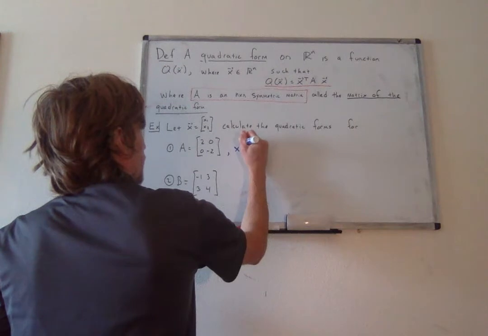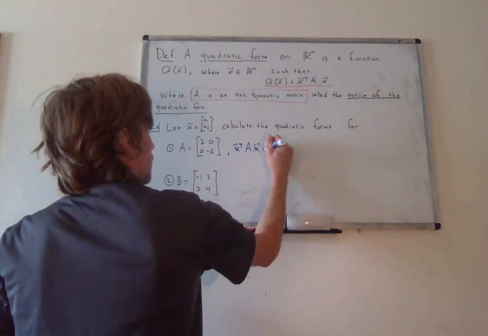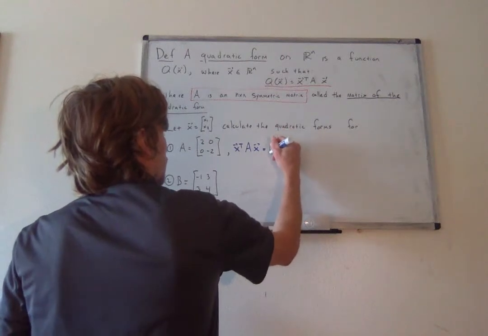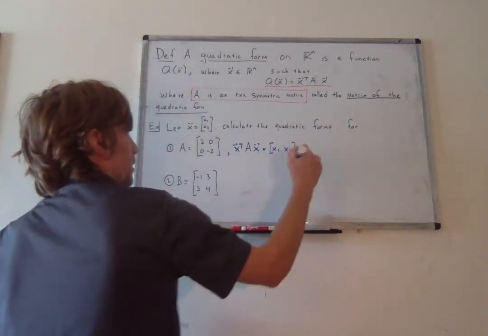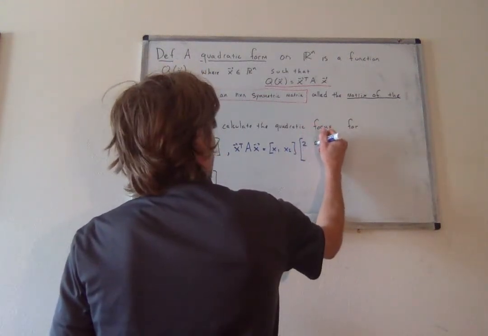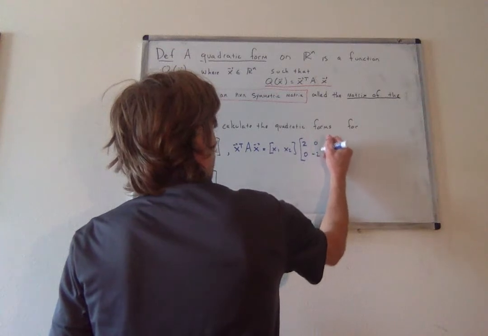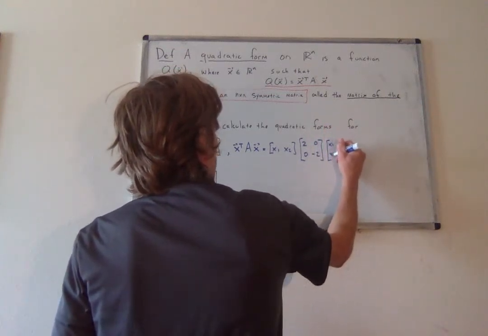So we want to expand the expression x transpose times A times x, which when we write everything out, is the sideways vector x1, x2, times the matrix 2, 0, 0, negative 2, times the vertical vector x1, x2.